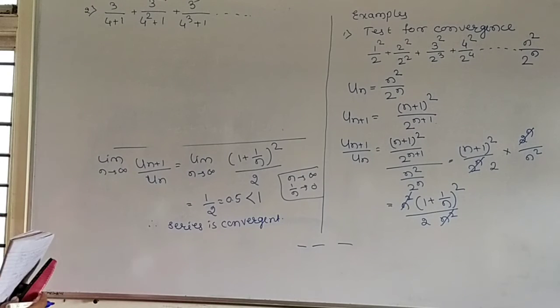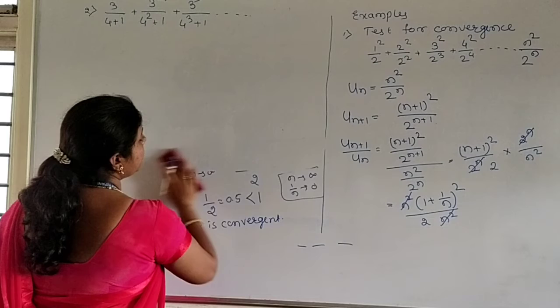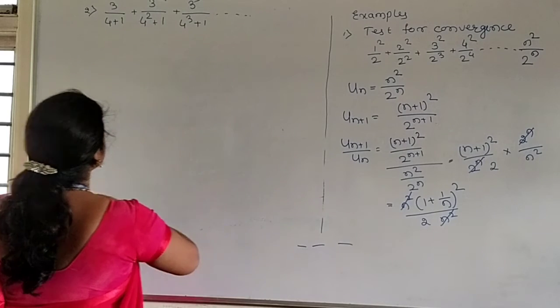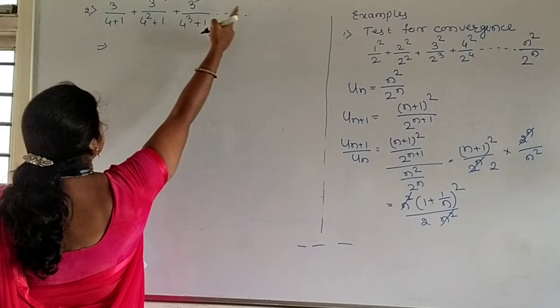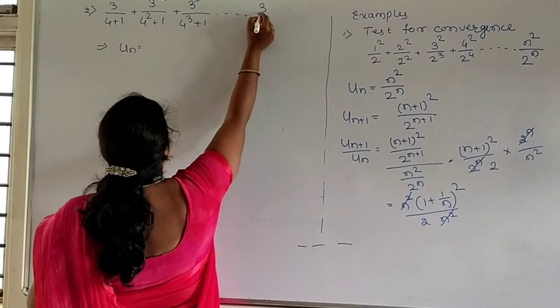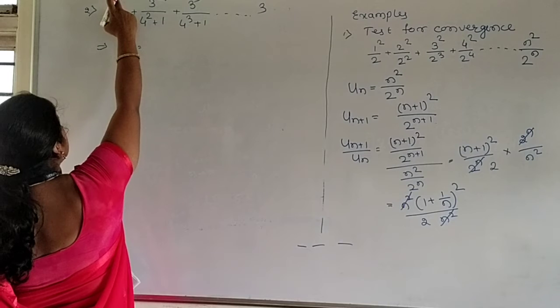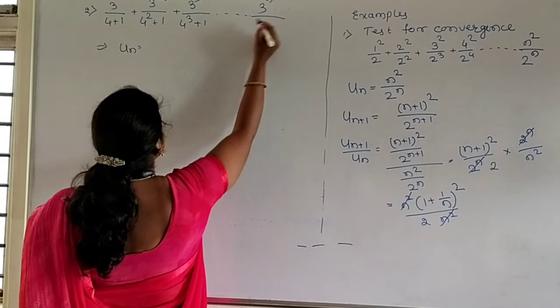Test this series also. Now again we have to take the nth term for this. See here, in the numerator 3, 3, 3, means 3 is a constant here, that you have to write as 3. Here the power increments by 1: 1, 2, 3, that we take as n.